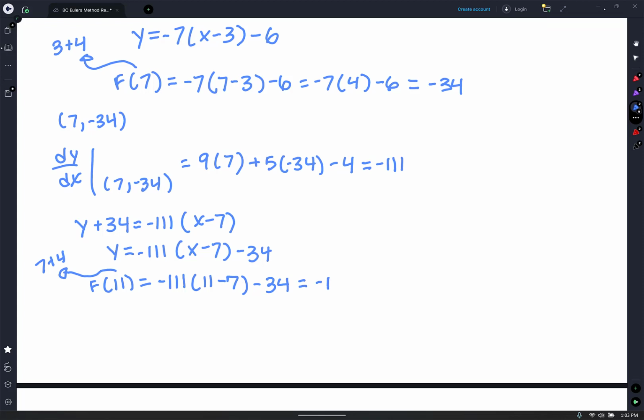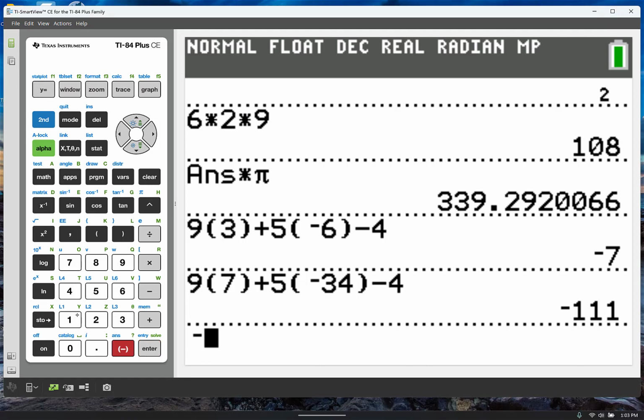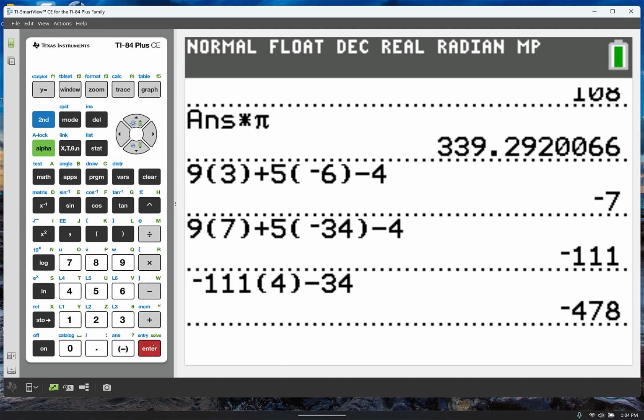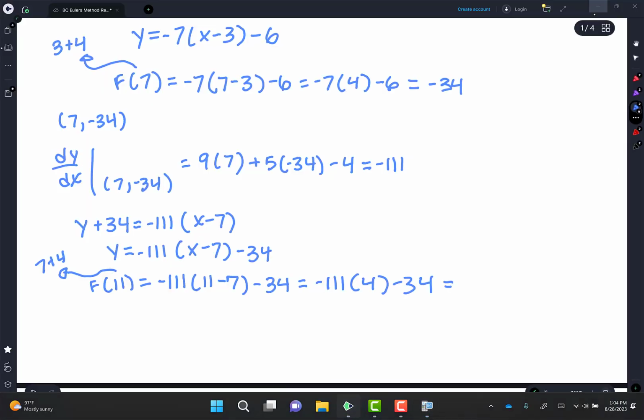And so that's negative 111 times 4 minus 34. I'm going to see what that is in the calculator. Negative 478? Did I do that right?